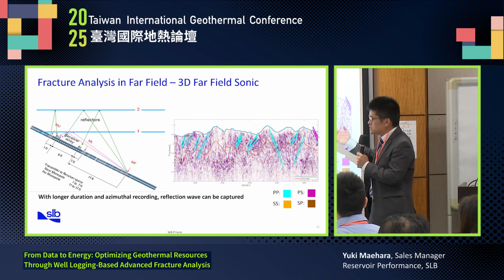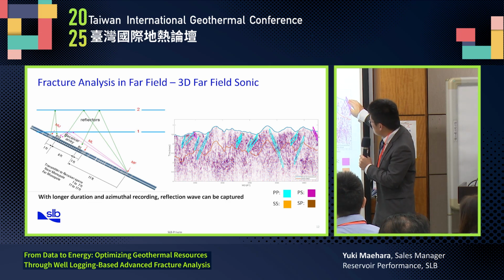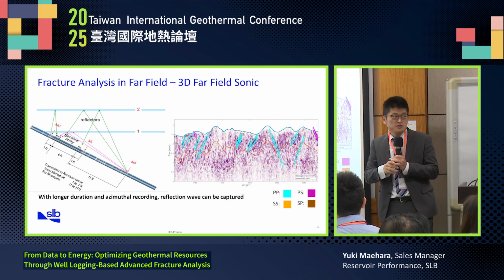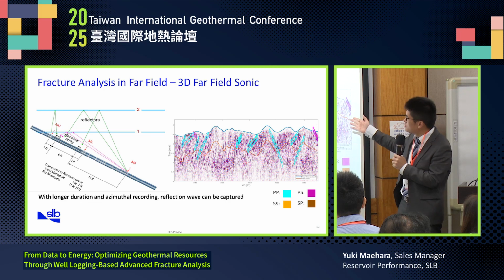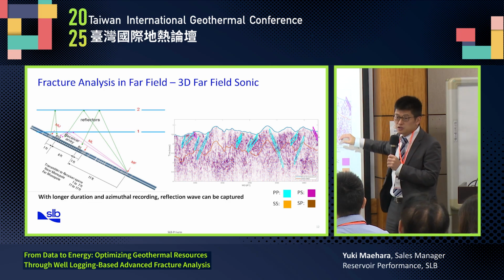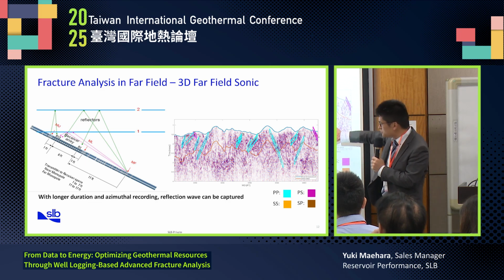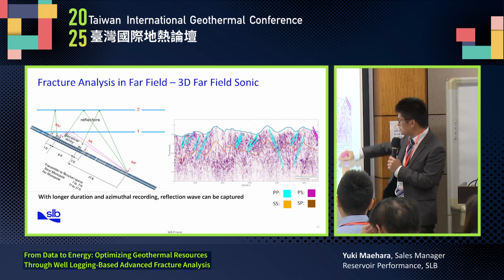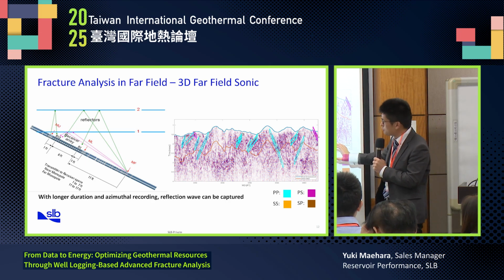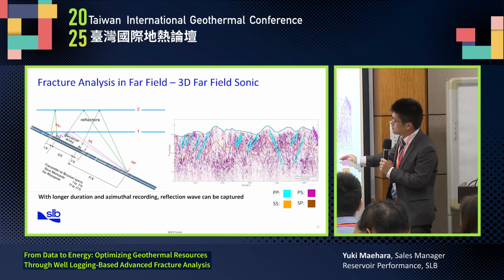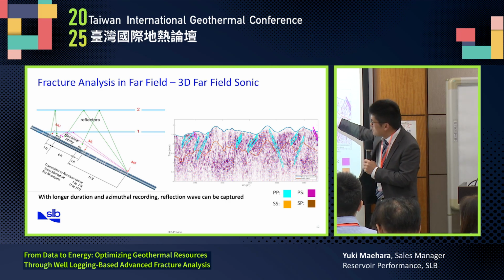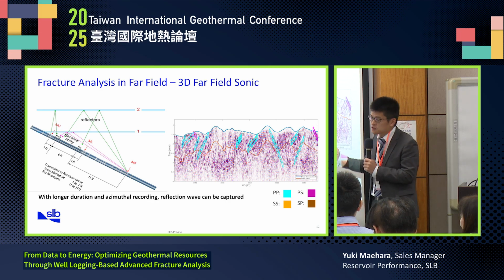This means the sonic waveform can be analyzed in a manner similar to surface seismic data, such as migration and then eventually imaging. We can observe reflection waves from this sonic waveform, like P2P, P2S, S2S, and S2P, so there are four total modes. That reflection wave is mostly reflected by fractures, if there is a natural fracture there, right?